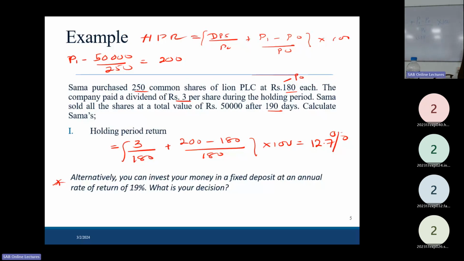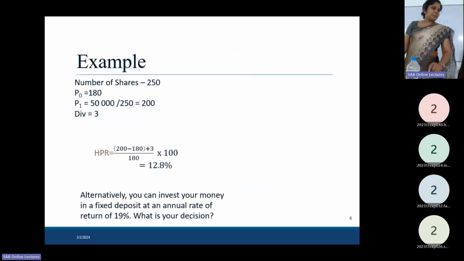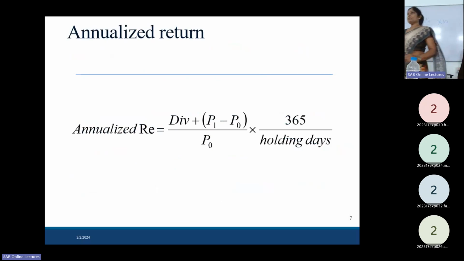This is the holding period return. Now you have to annualize this to compare with this alternative. So how to annualize? Simply, you can annualize your return as the holding period return divided by holding days multiplied by 365. Normally you may take 365 as the days for the year. So how much is the annualized rate of return?